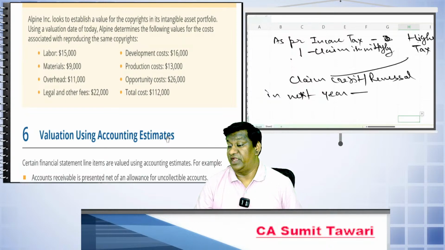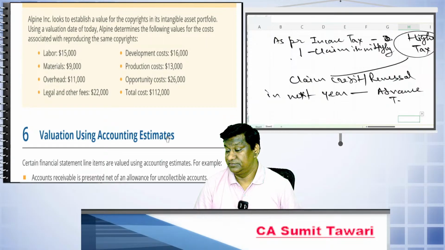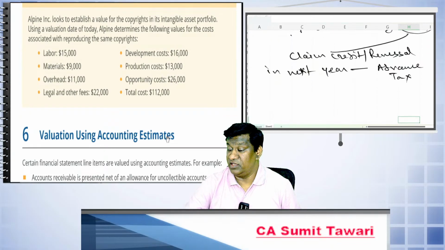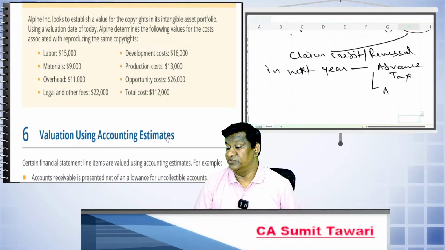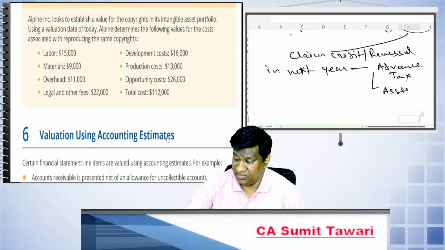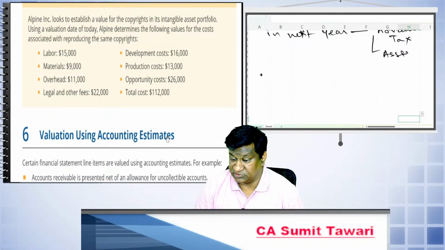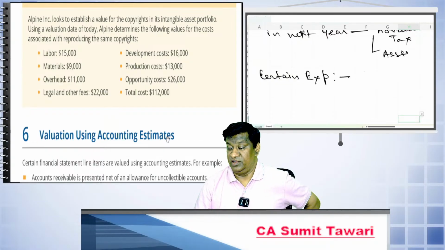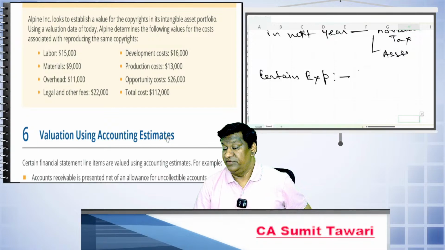So whatever the amount you paid will become the advance tax. And if you are paying an advance tax, that will become your asset. Say, for example, certain expenses are allowable as a deduction on payment basis.